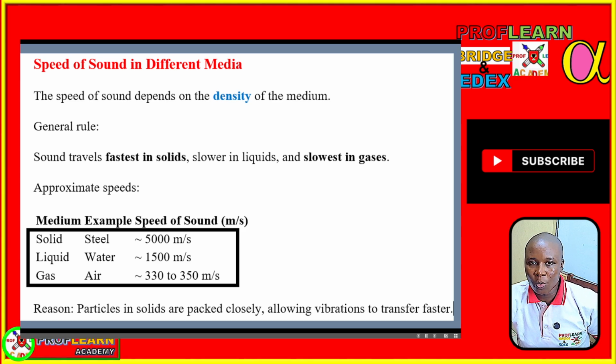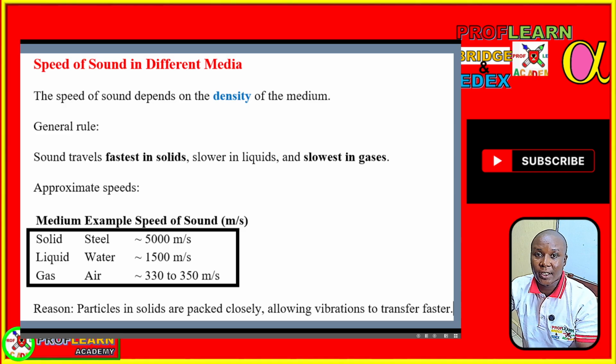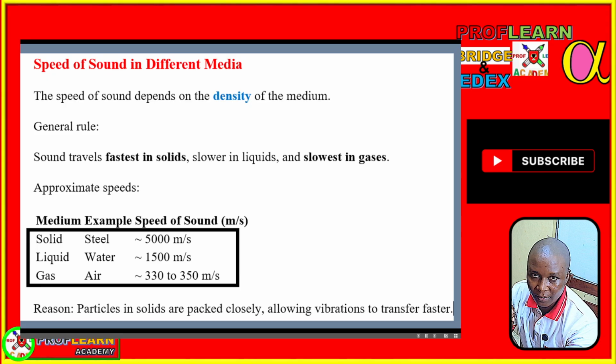If you are asked to give an approximation of speed of sound in water or a liquid, you are going to say it's 1,500. If you are going to be asked in an exam to give an approximation of speed of sound in air, you can say 330, 340, because speed of sound in air is ranging around 300 and something meters per second.